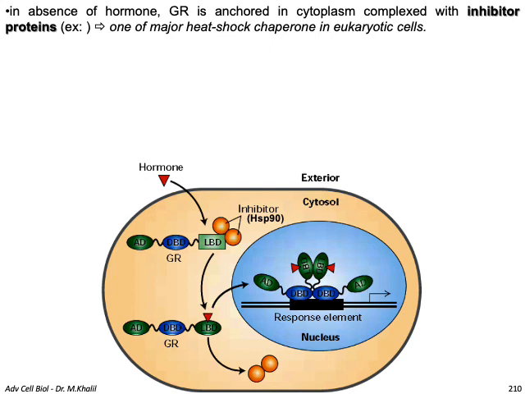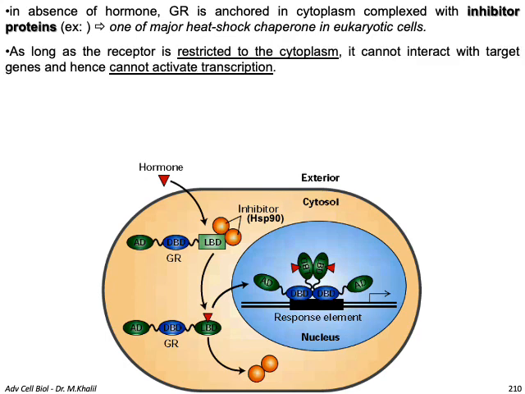This GR has three domains: the ligand binding domain LBD, the DNA binding domain DBD, and the activation domain AD. With no ligand, no hormone, the GR stays in the cytoplasm bound with the inhibitor HSP90. As long as the receptor is restricted in the cytoplasm, it cannot interact with the target genes. It cannot be translocated, so there is no activation of transcription.